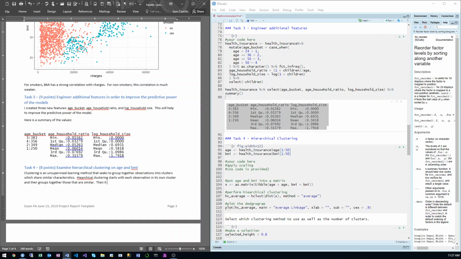Then it iteratively groups these subgroups together in a sequential manner.